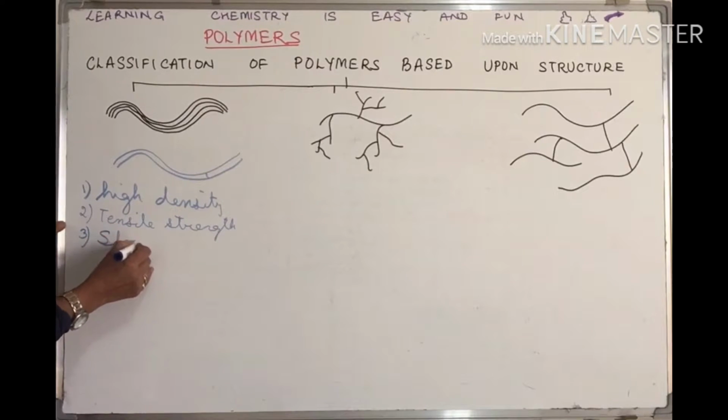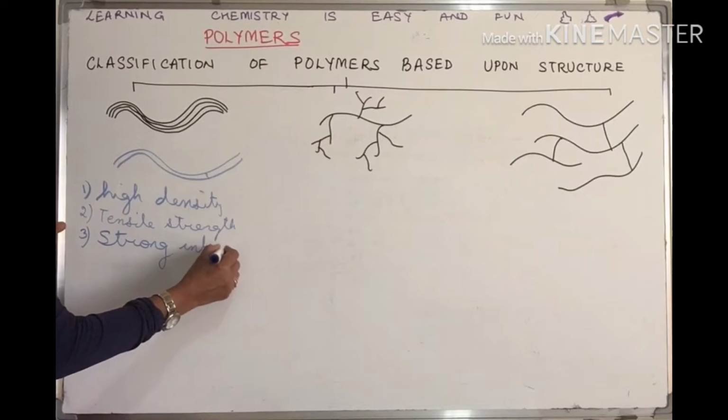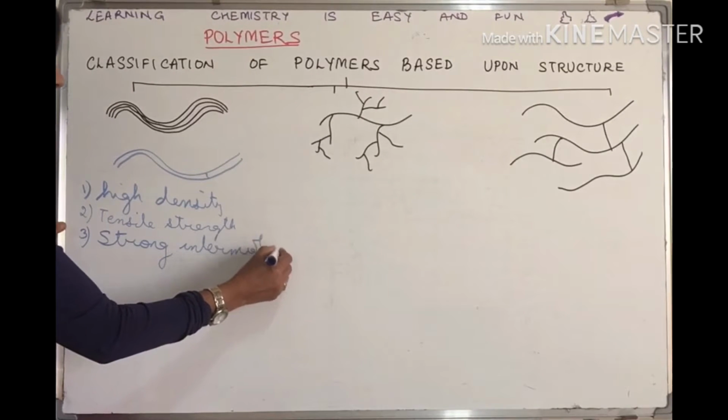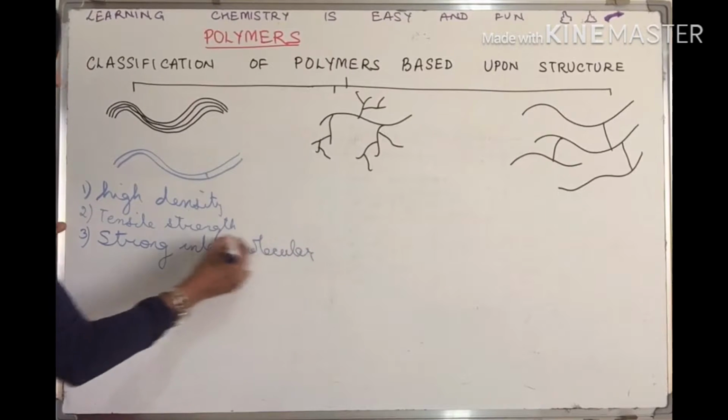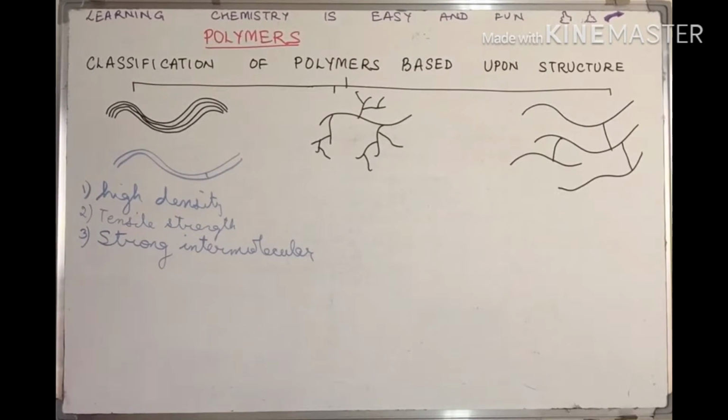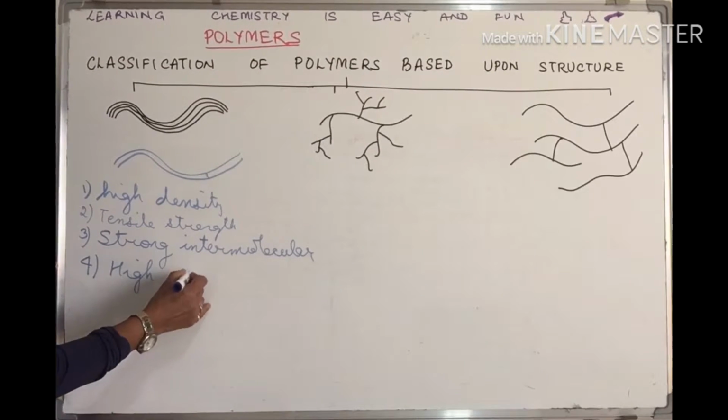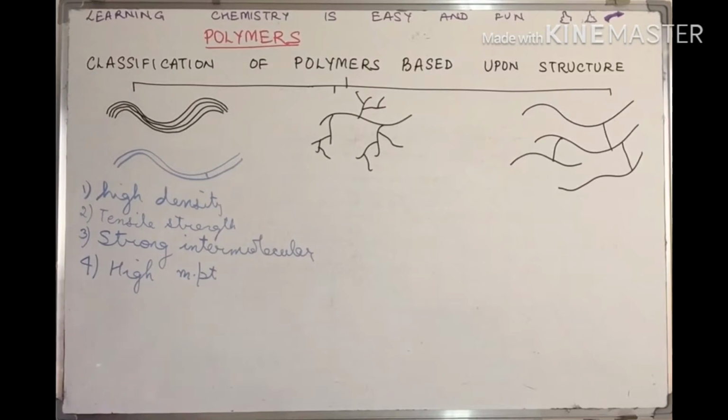So, let's jot it down as the third point. I hope you have the pen and paper in your hand so that you can note down these points for future reference. Strong intermolecular forces which give them a high melting point, right?